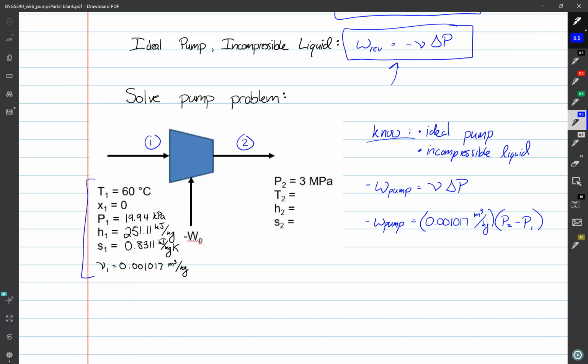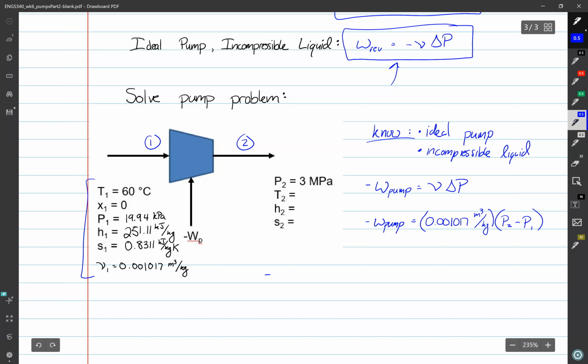P1, again, is a value I looked up. It's the saturation pressure, 19.94 kilopascals. That's the pressure that we looked up in our tables. Pressure 2 is our 3 megapascals. So we have to do a little bit to make sure our units work out.